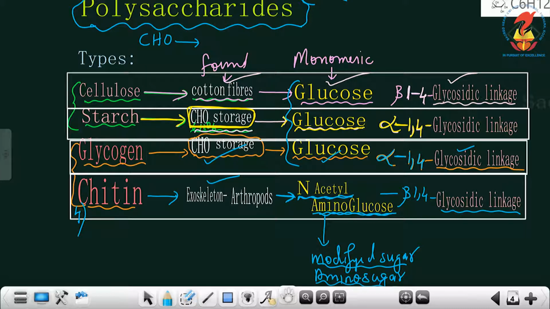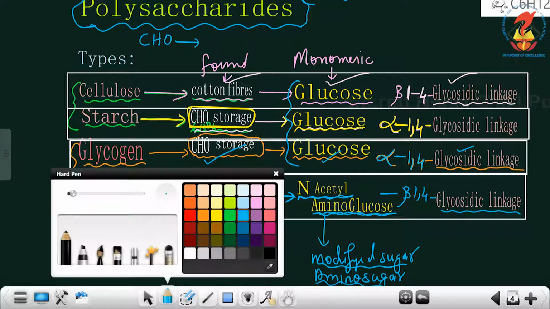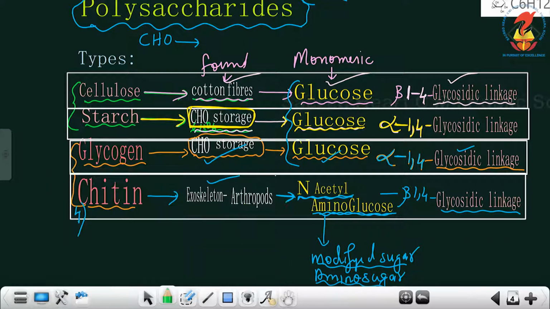So, we looked into the different polysaccharides, 2 in plants and 2 in animals. Of these 4 common polysaccharides, the simplest polysaccharide is cellulose, and the most complex polysaccharide is chitin.